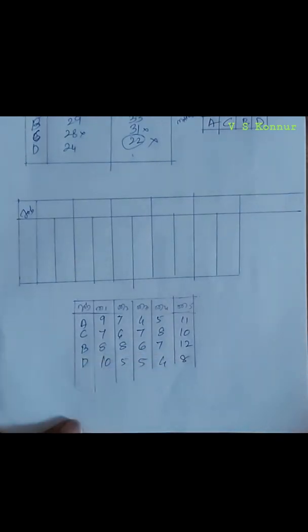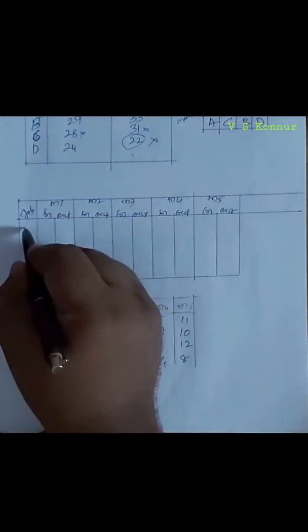Then for D, 10, 5, 5, 4, 8. According to this, we have to form the table for M1 in out, for M2 in out, for M3 in out, for M4 in out, for M5 in out, and according to ACBD we have to make the table.